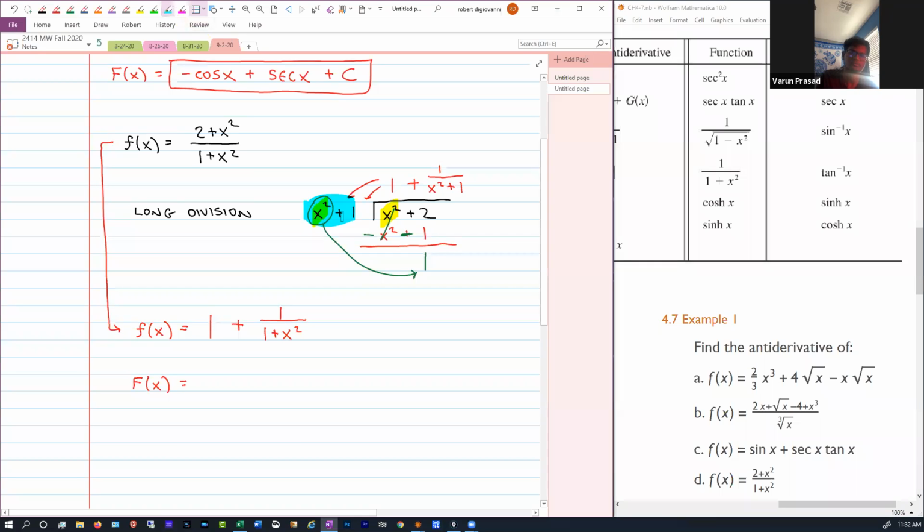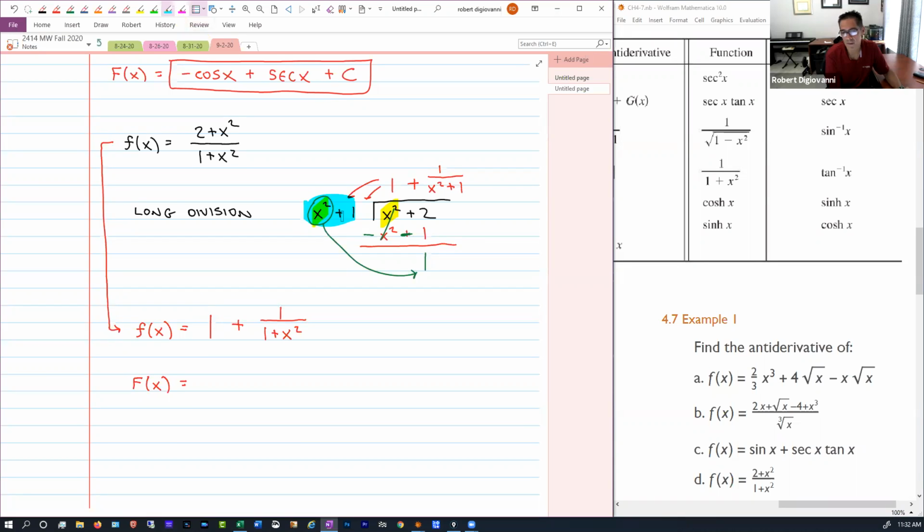Had it been linear, then I may have done synthetic. Synthetic division is definitely preferred because it's fast, but it's limited because you can only use it when your divisor is linear. Long division works all the time, but it's long, right? So it's a little bit less preferred.